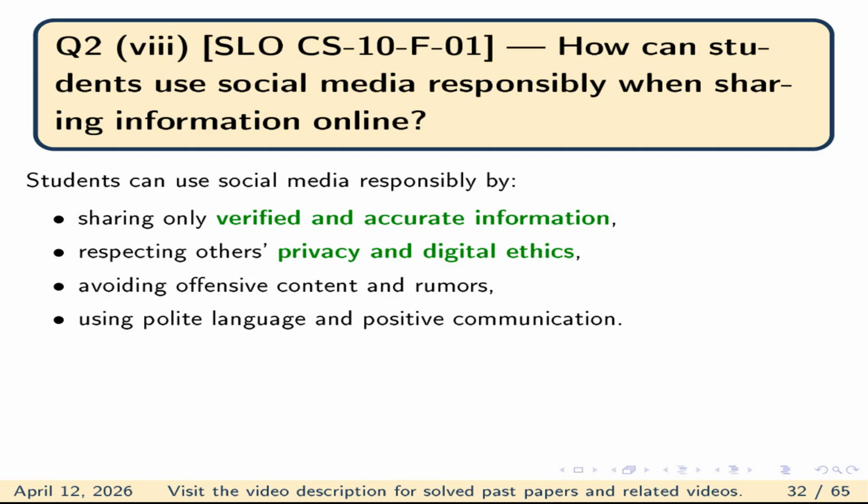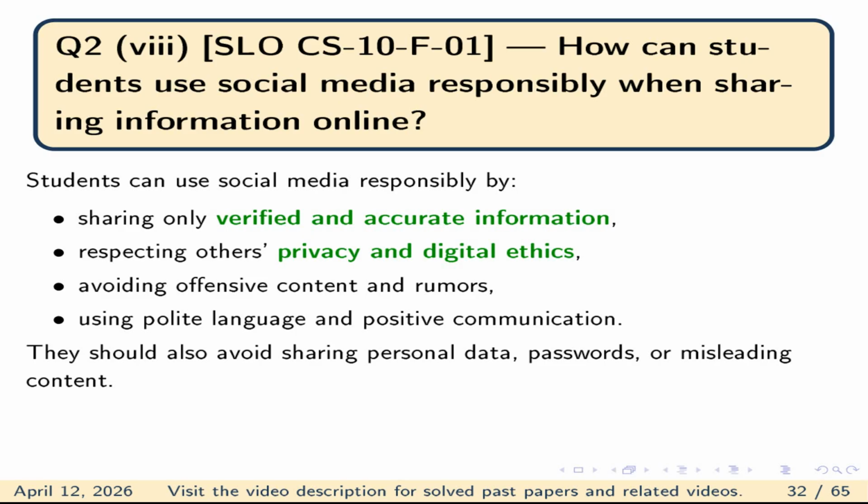Part 8 is: how can students use social media responsibly when sharing information online? Students can use social media responsibly by sharing verified and accurate information, respecting others' privacy and digital ethics, avoiding offensive content and rumors, using polite language and positive communication.